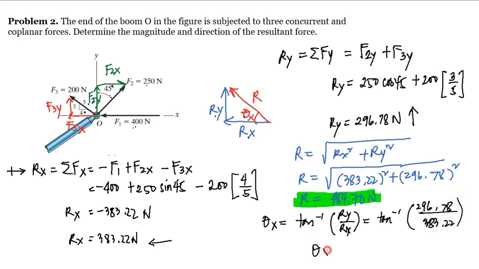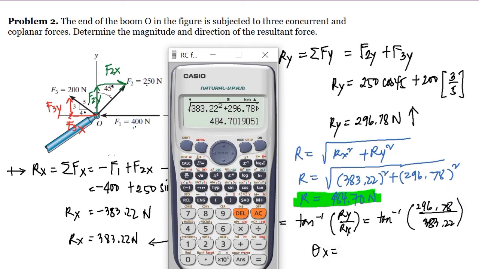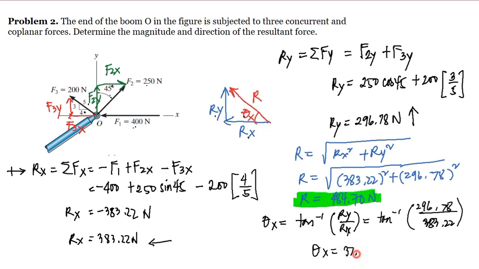So computing for the value of theta x, it is equal to arctangent of 296.78 over 383.22. So that is equal to 37.76 degrees. And this is our answer for the direction of the resultant force R.